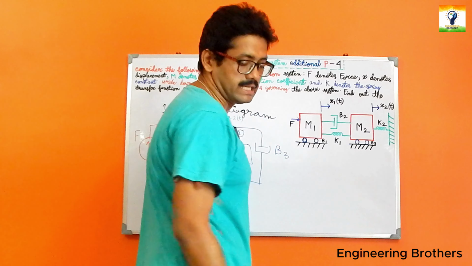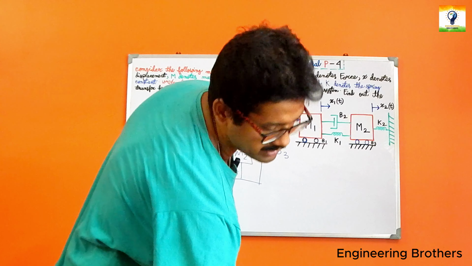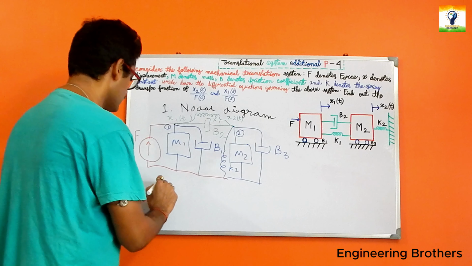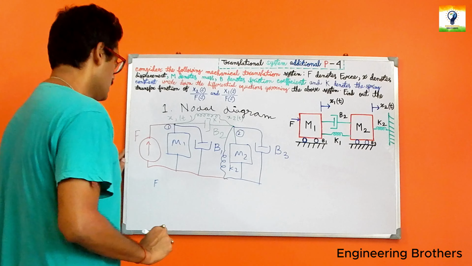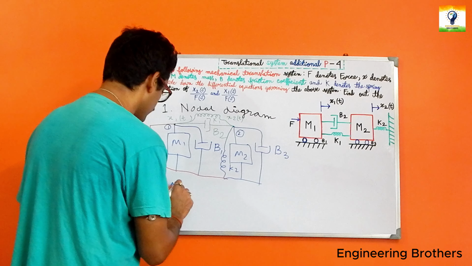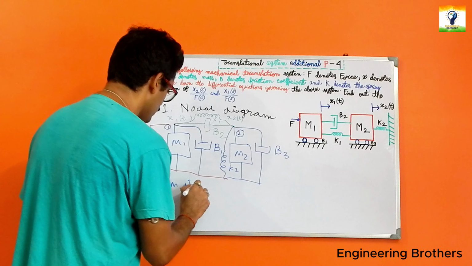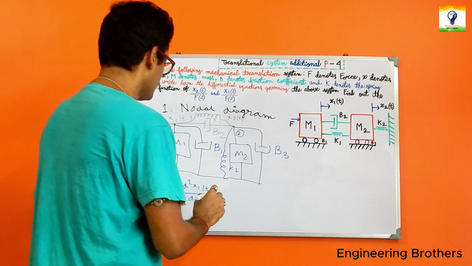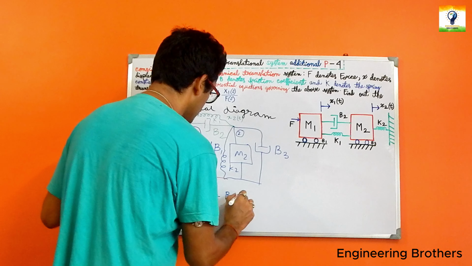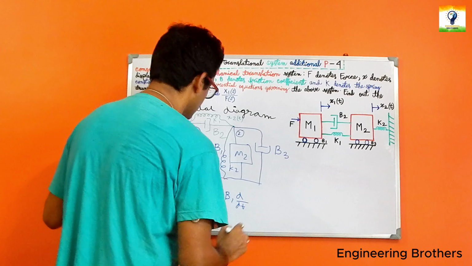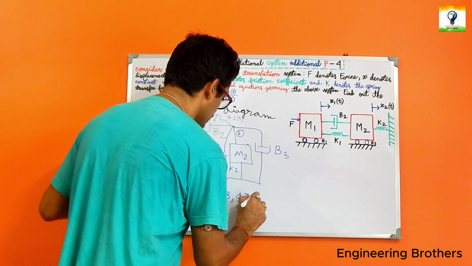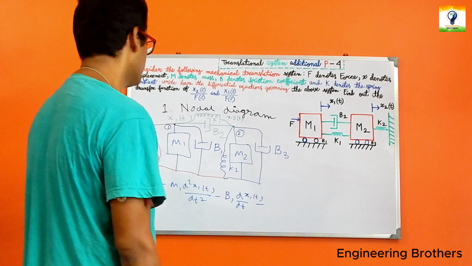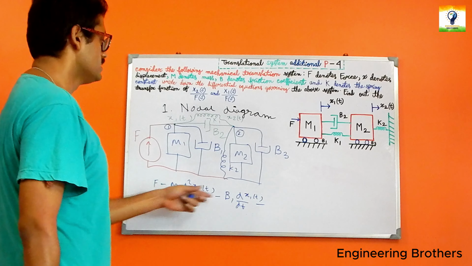If we apply the D'Alembert principle on node 1, the equation is: the applied force minus M1 d2x1(t)/dt2, minus b1 d/dt of x1(t), minus, and we will go for the middle part shortly. Why are these minus?